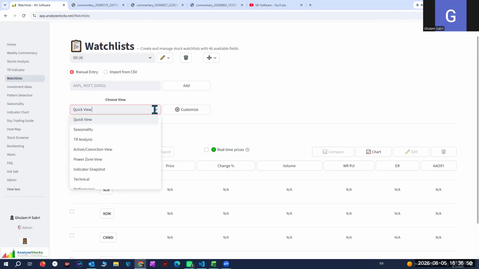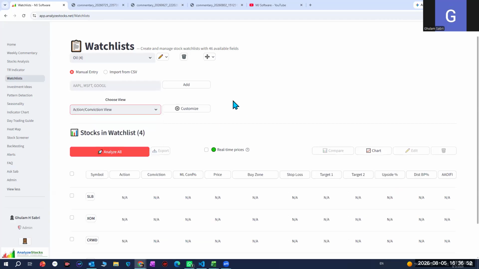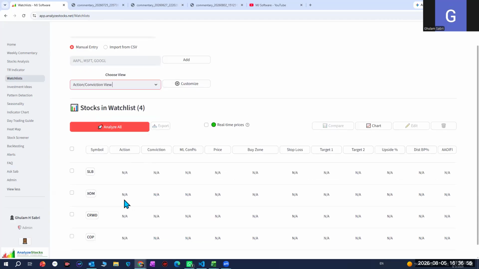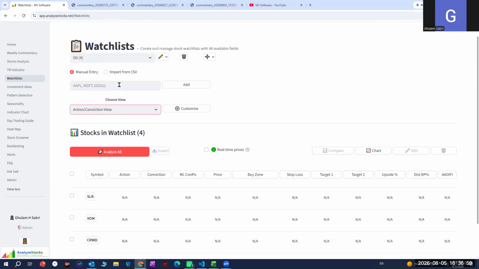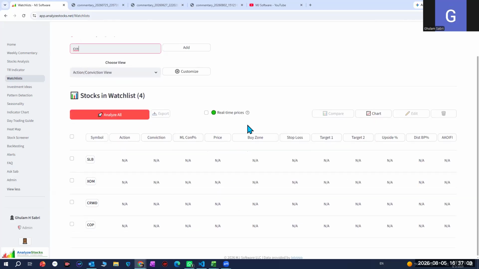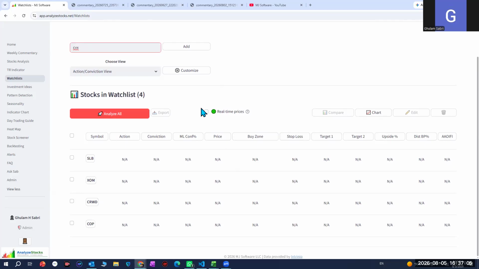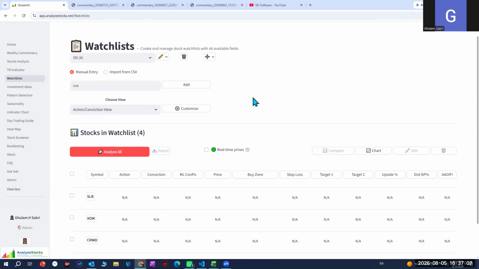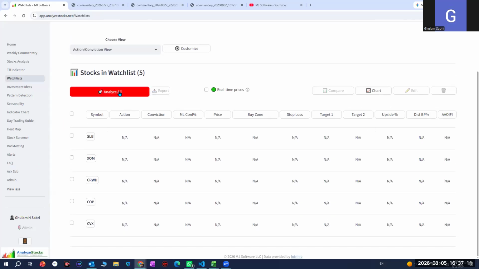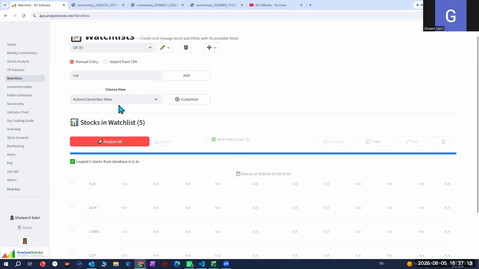For example, there is an action conviction view. I have this oil list, just 4 stocks: Schlumberger, ExxonMobil, COP, CrowdStrike. Let's add CVX here, Chevron. Now we have 5 stocks, analyze this, and we want to see its action conviction view.